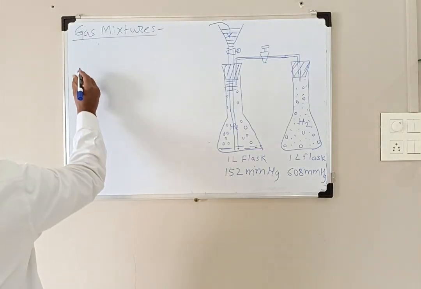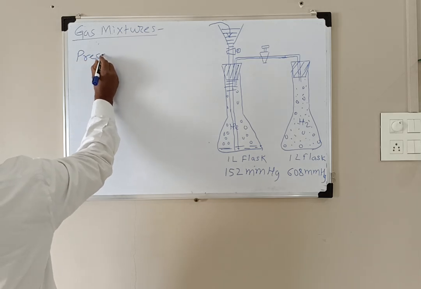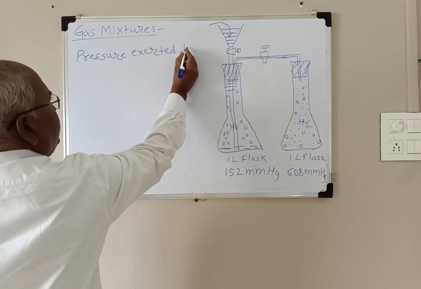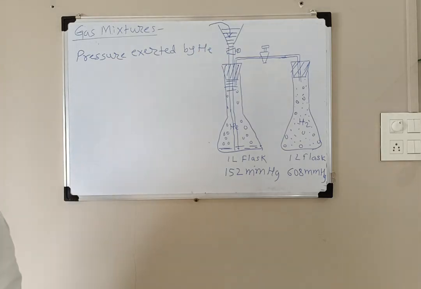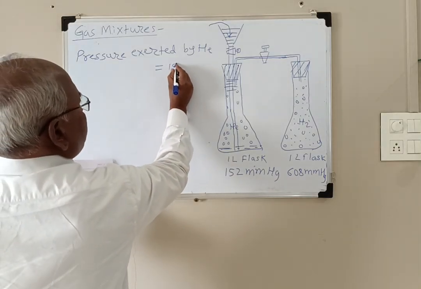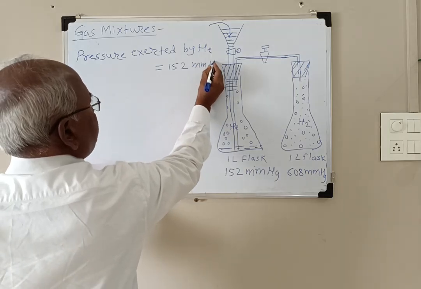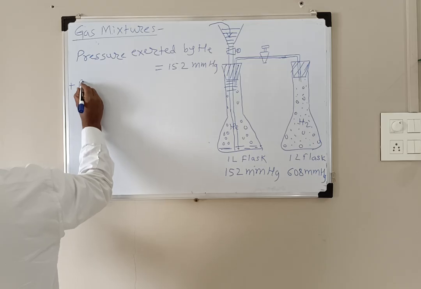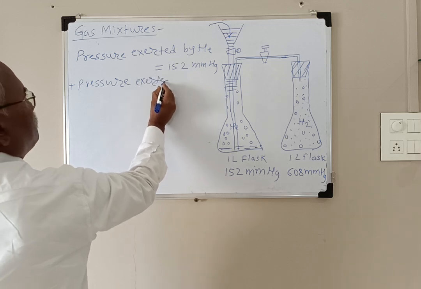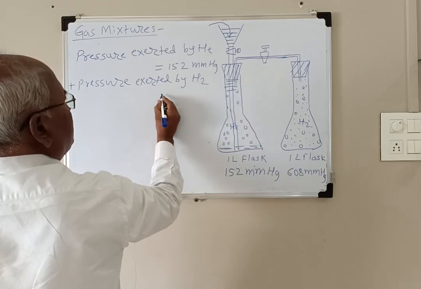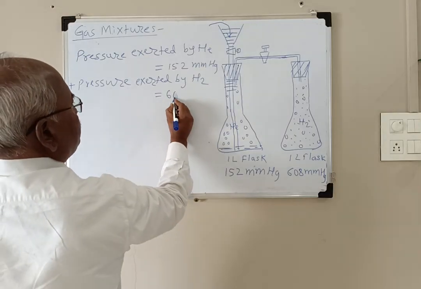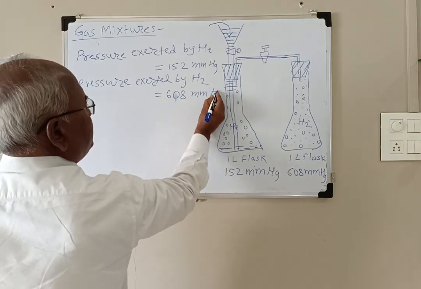So, the pressure exerted by helium is equal to 152 mmHg plus the pressure exerted by hydrogen, which is equal to 608 mmHg.